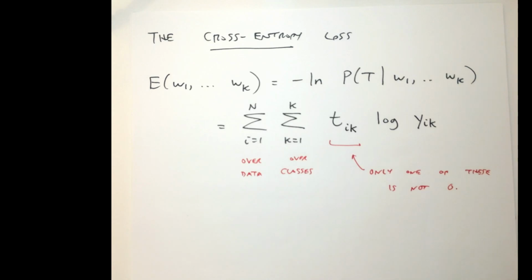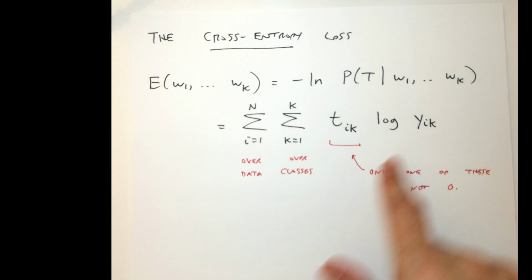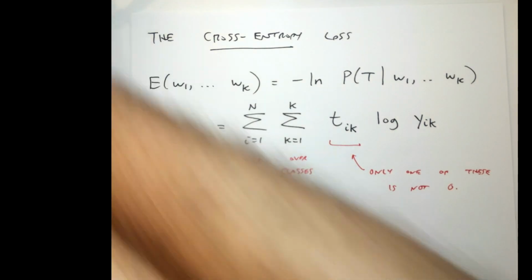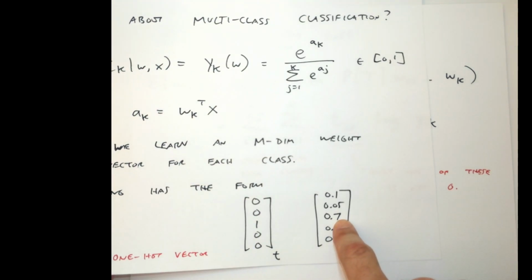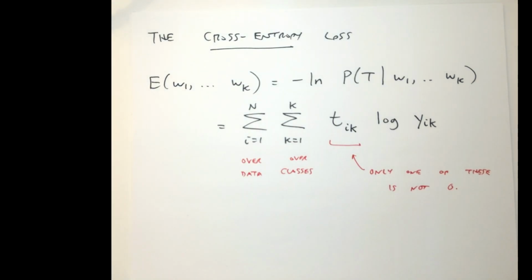So there's really only one term in the sum for each training sample. It's the one for which t_ik is equal to 1. And for those, I want to drive the log y_k, the number that's in this position of the vector, to be as big as possible. And I let everything else be as close to 0 as possible. So this is what I would do in the more general K-class case.